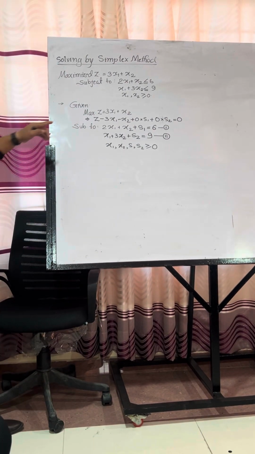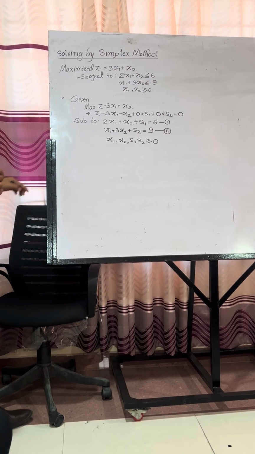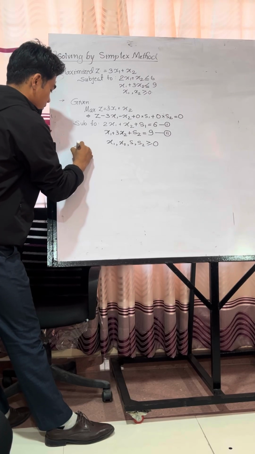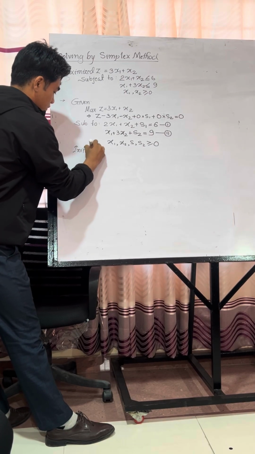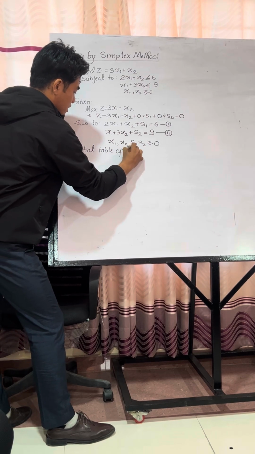Now we have just reformed the objective function. Now we will form the initial table of the simplex form.